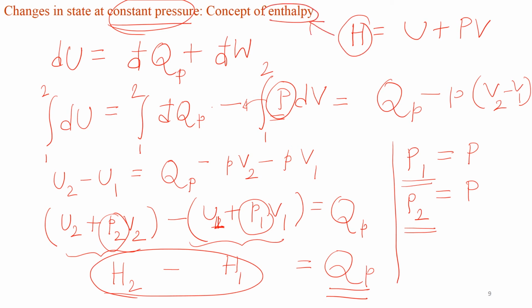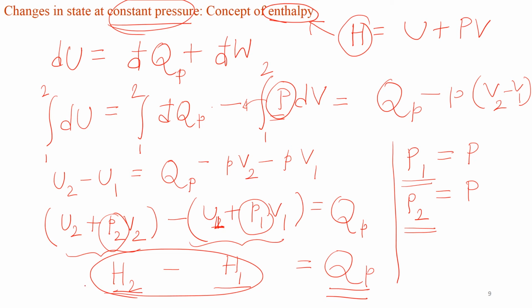This quantity H we call enthalpy. Now, note that this enthalpy must be a state function, because we could write it as a difference of H at two different states. H1 corresponds to the enthalpy of the system when it was in state 1, and H2 corresponds to the enthalpy of the system when it was in state 2.